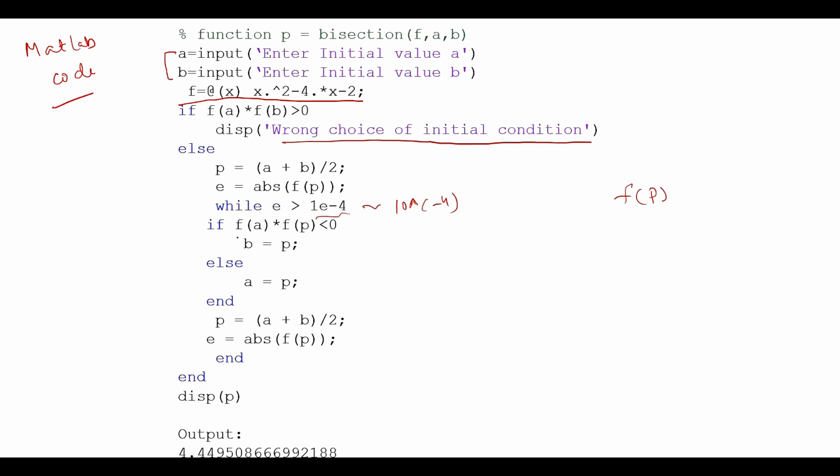and then it will check whether f of a into f of p is less than 0 or not. You know that if this multiplication is less than 0, then the root will lie between a and p. So we will update our b with this value p. Else, we have to update a with p, and this if statement will end here. Then we will again calculate p is equal to a plus b divided by 2.